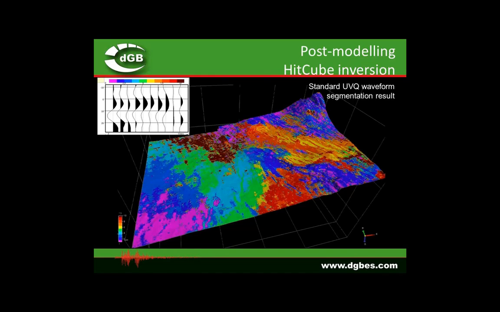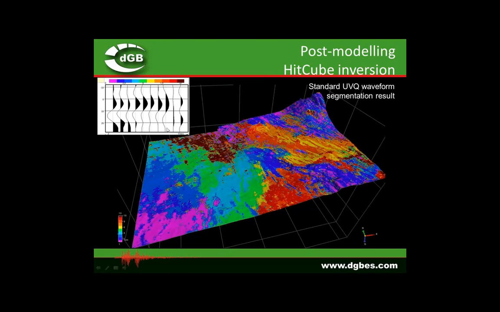In the waveform segmentation workflow, we cluster the seismic waveforms into a number of class centers of representative waveform shapes, and we color code the most likely waveform shape with respect to the actual waveform at every trace in the segment map that you see here.